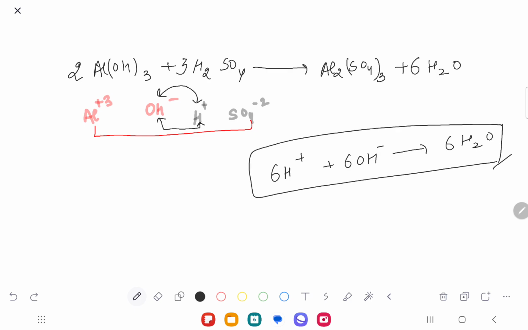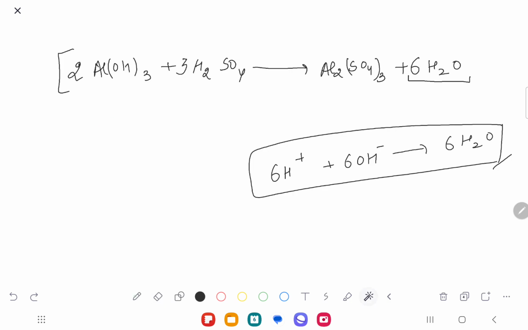I hope you're understanding my point. Any doubts in this? So when I have 2 Al(OH)3 reacting with 3 H2SO4 to give me Al2(SO4)3 plus 6 H2O, how many moles of water are being formed? Definitely you know that Al(OH)3 is a base and H2SO4 is an acid. When they combine, we have Al2(SO4)3 along with 6 moles of water being formed.